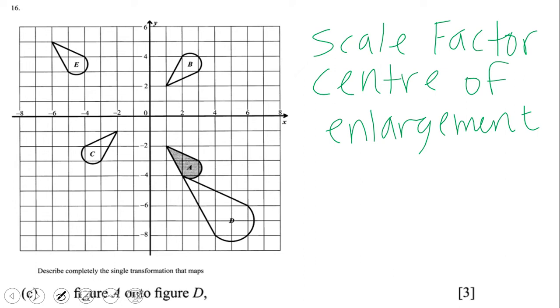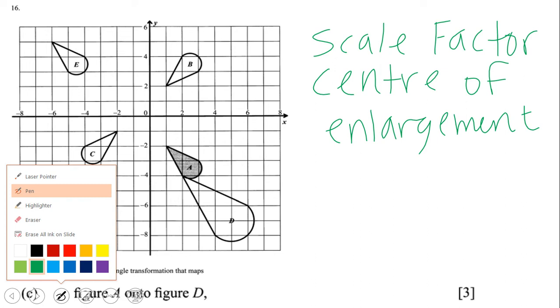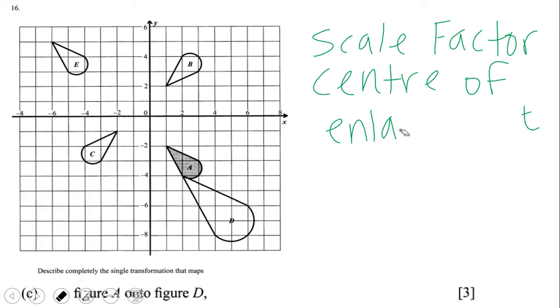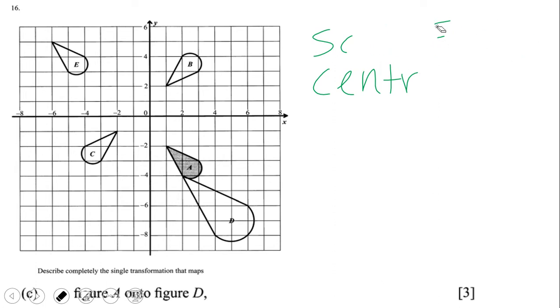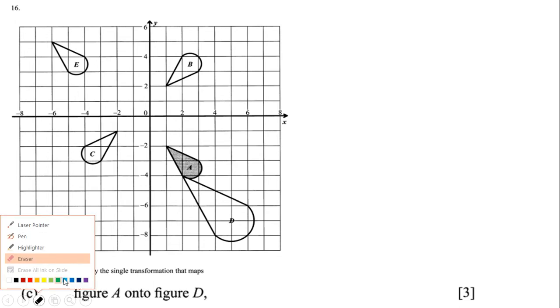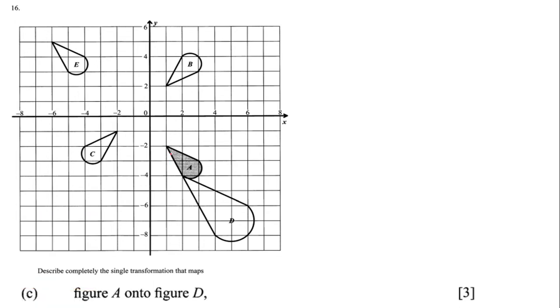So let's find the center of enlargement first. I believe that the center of enlargement here is the origin. That's my guess, but we have to verify. So the way we're going to do that is we're going to use three important points here.